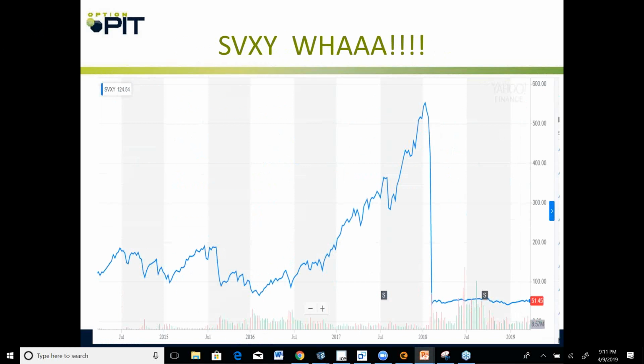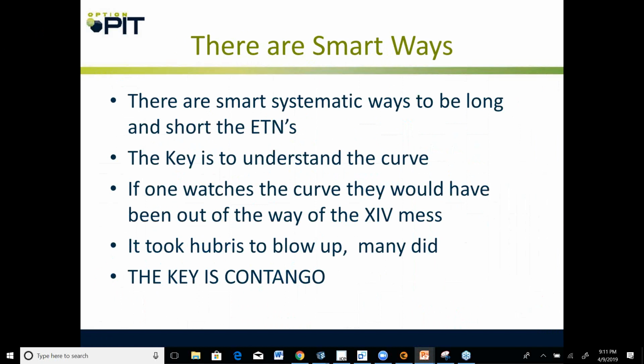When a trade becomes crowded, it's time to be very careful. So the key is there are smart, systematic ways to be long and short the ETNs. The key is to understand the curve. If one watches the curve, they would have been able to be out of the way of the XIV mess. It took Sisyphean hubris to blow up, and many did.